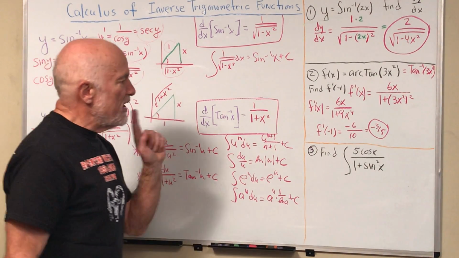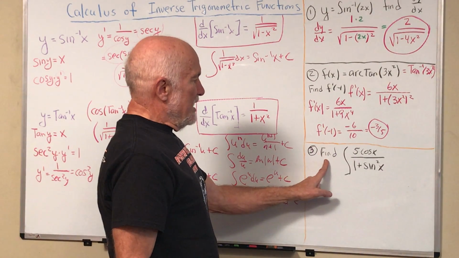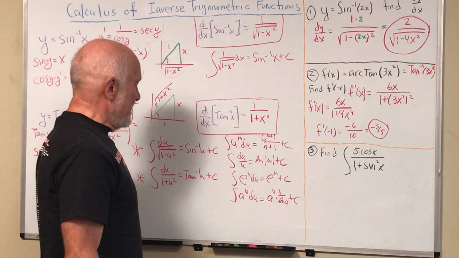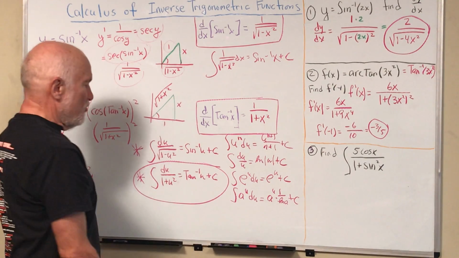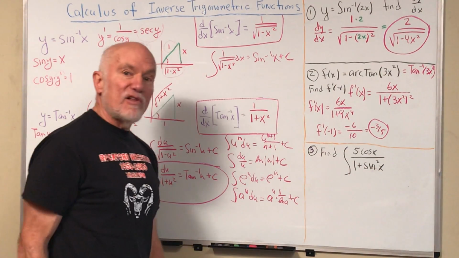So let's try one example right here. This one of the 12 forms, I'm hoping you see, looks a little bit like this one right here. I see 1 plus u squared when I look at that.